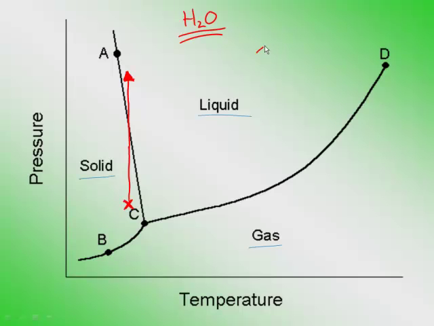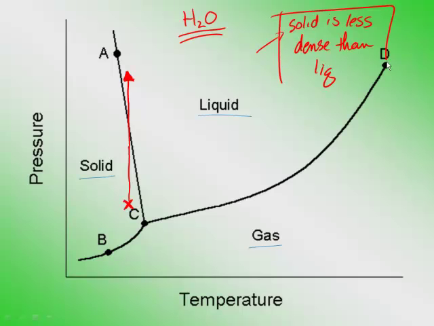A phase diagram like this means that the solid is less dense than the liquid. Okay? So, what does that mean? It means solid floats.